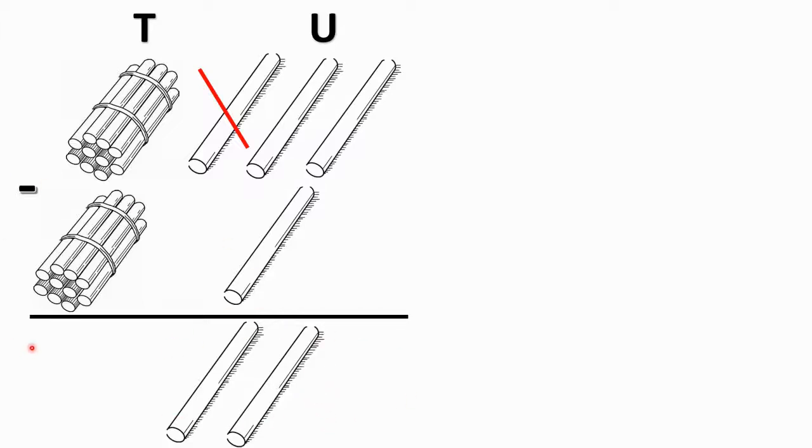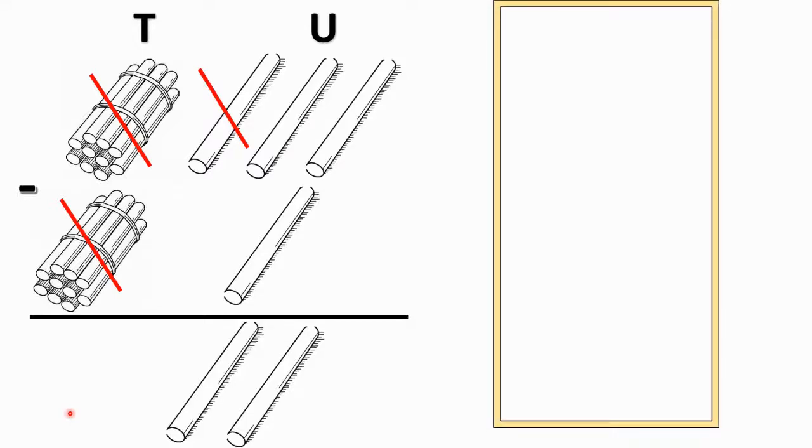Now the tens position, 1 bundle subtract 1 bundle is equal to 0. Here nothing. Now let's see the sum with the help of numbers.